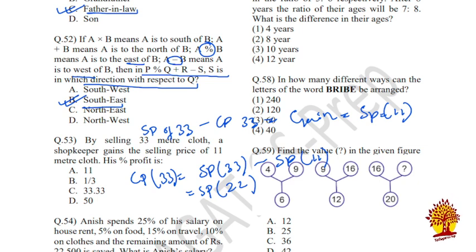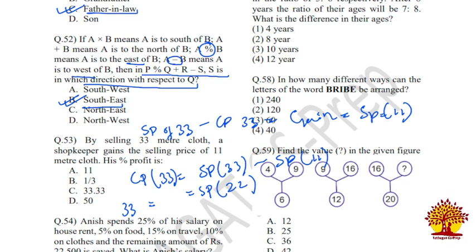Next, if you consider the cost price of each meter to be 1 rupee or 100 rupees, say 1 rupee, then 33 into 1 is 33, so the cost price will be 33 rupees.